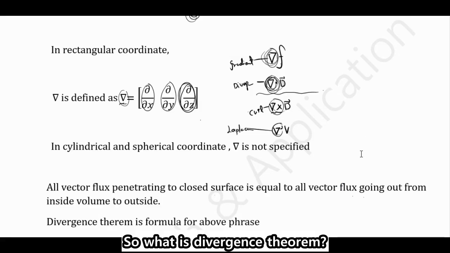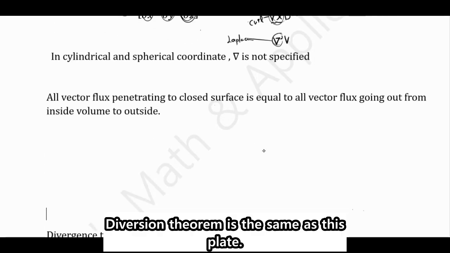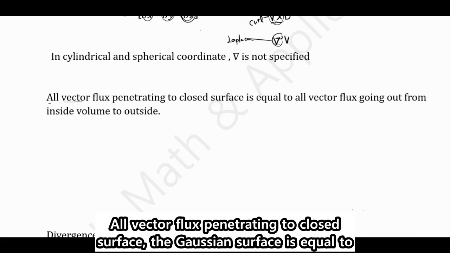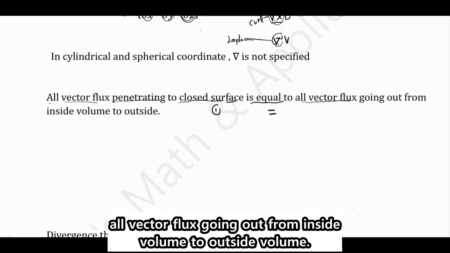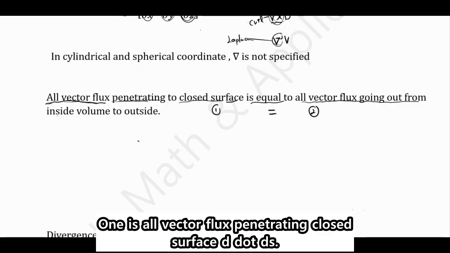So what is divergence theorem? Divergence theorem is the same as displayed. All vector flux penetrating a closed surface, the Gaussian surface, is equal to all vector flux going out from inside the volume to outside the volume. This is 2. One is all vector flux penetrating the closed surface, D dot dS.